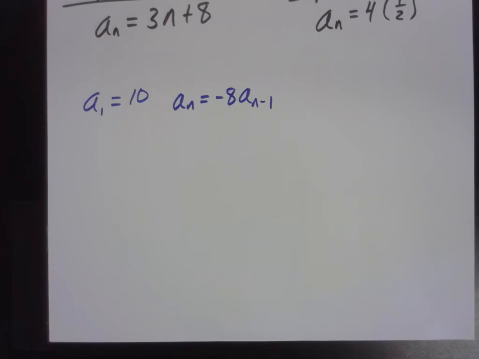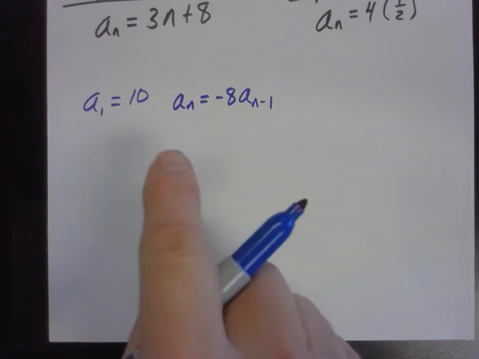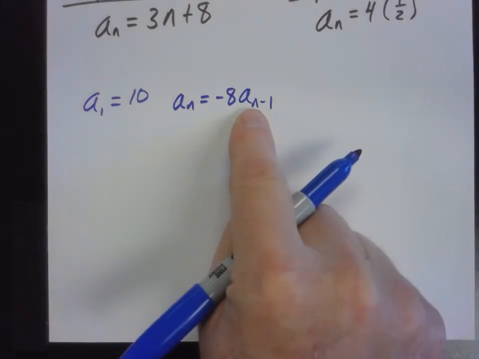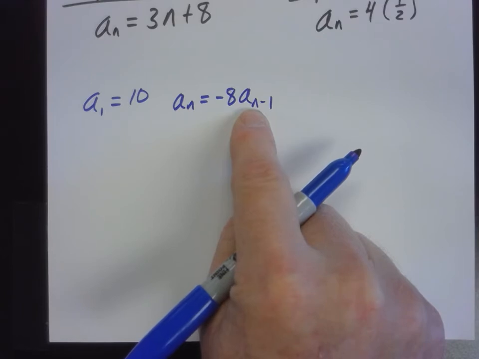Yeah. Well, first of all, is it geometric or is it arithmetic? If we're timesing the one right before by negative 8, is that arithmetic? No, that's geometric, isn't it?